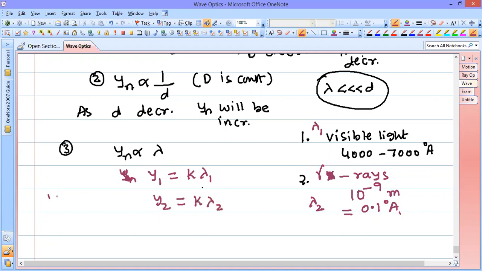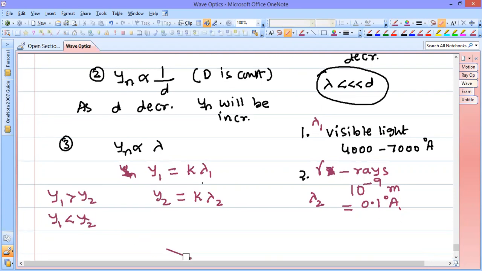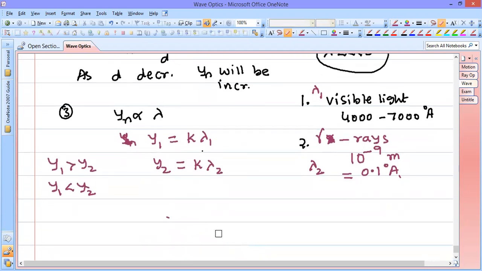Now, we need to explain whether y1 is greater than y2 or y1 is less than y2. Wavelength is decreased or increased? Wavelength is decreased. So we can say that fringe width is decreased.